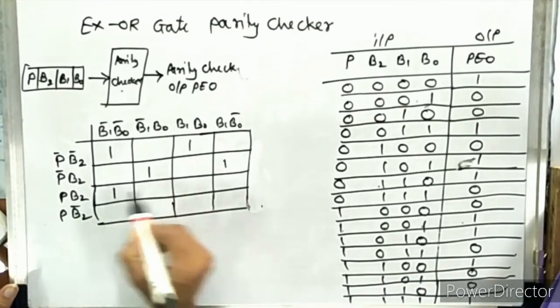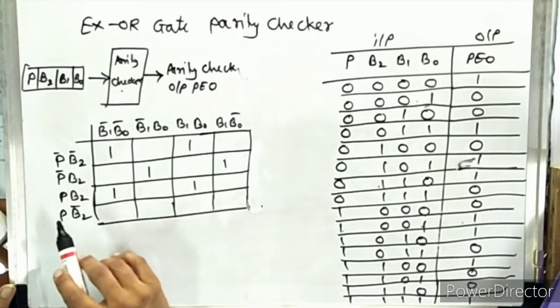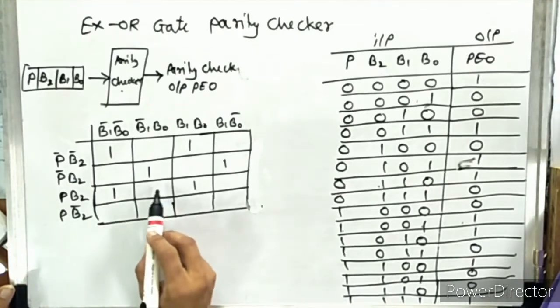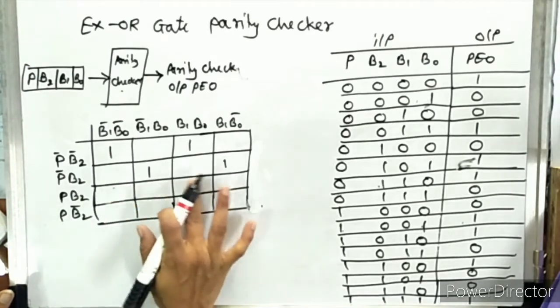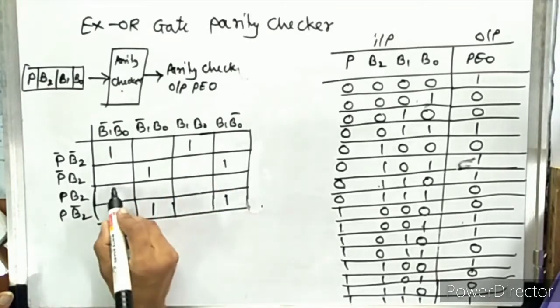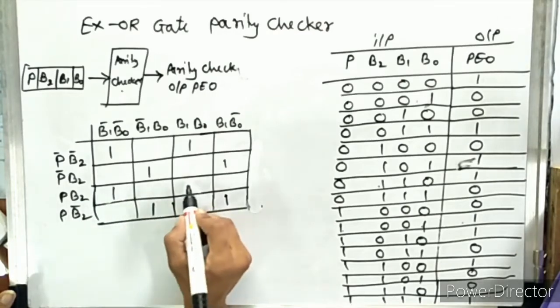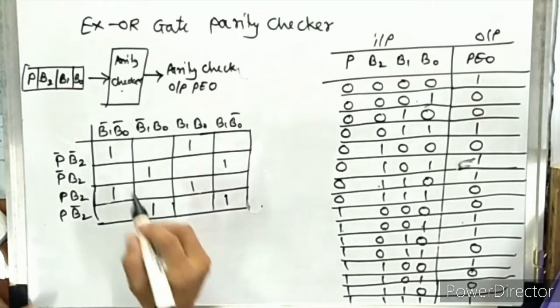So we get here and here, and this last two, that is 1 1 0 0 and here 1 1 1 1. So here we will get the ones.